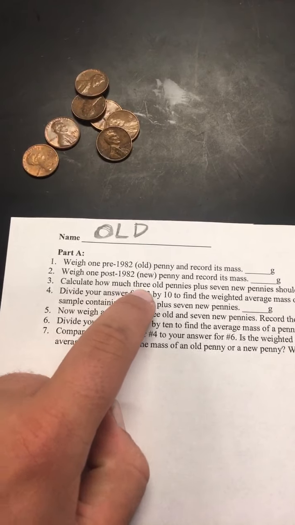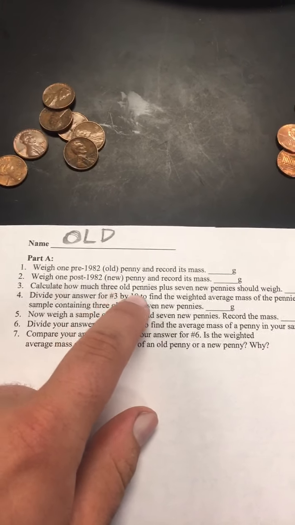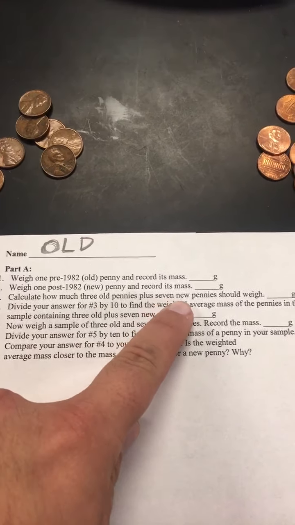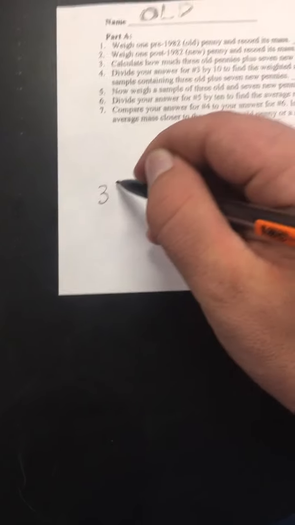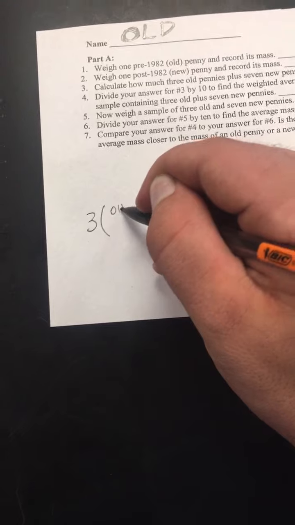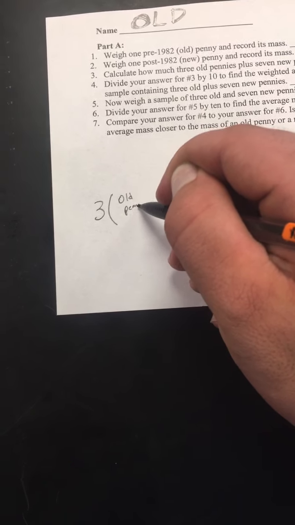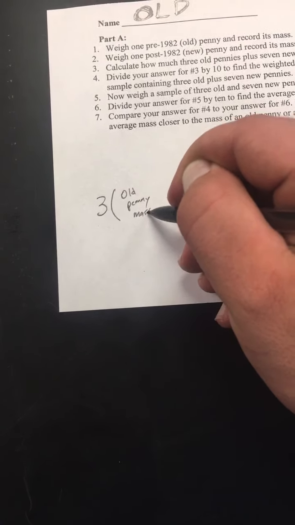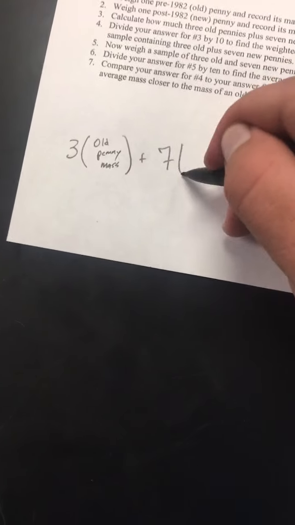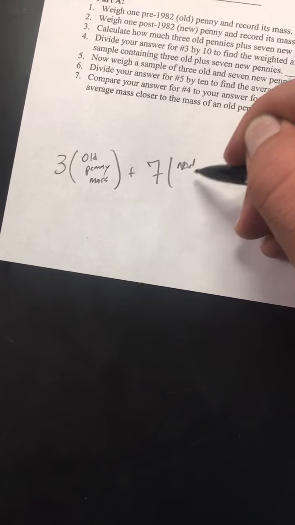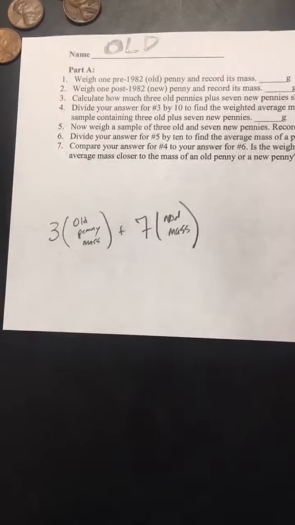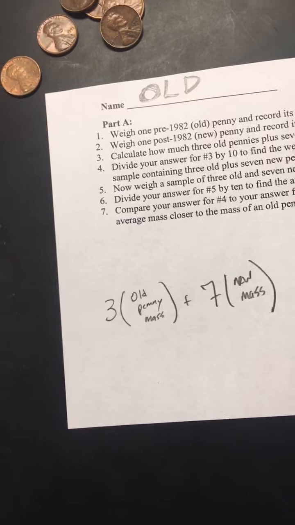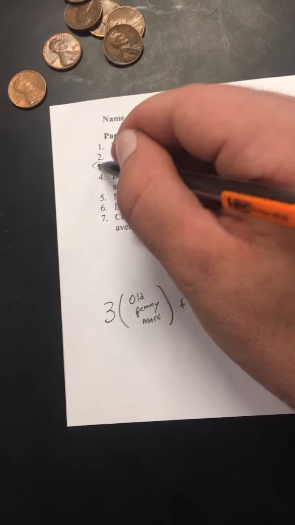Number 3 says calculate how much 3 old pennies plus 7 new pennies should weigh. So you're going to do 3 times the old penny mass, which we just took, plus 7 times the new penny mass, and you're going to get an answer for number 3.